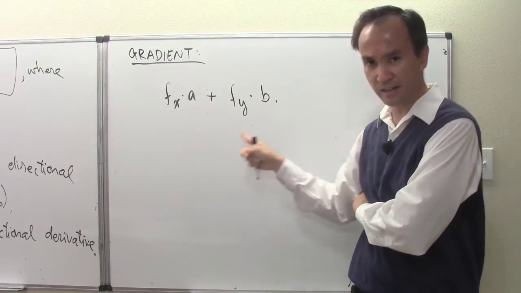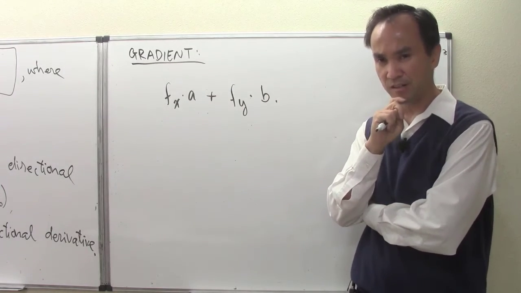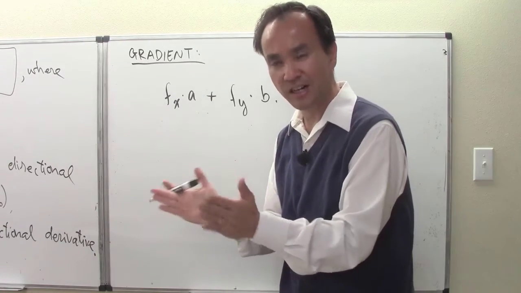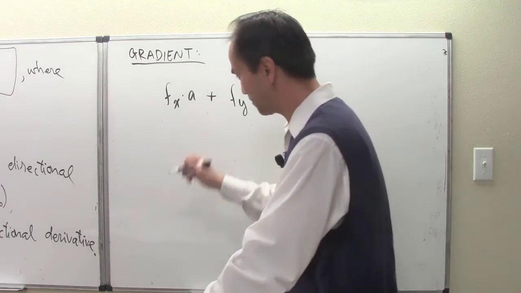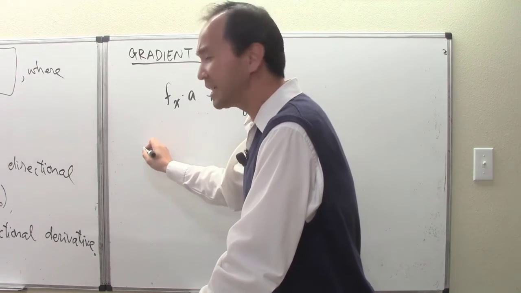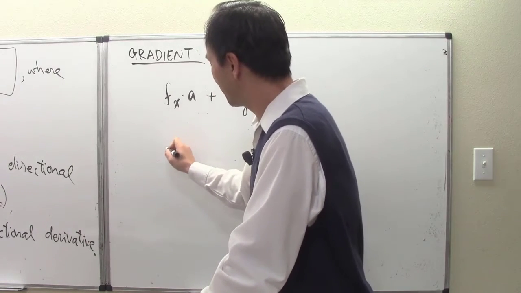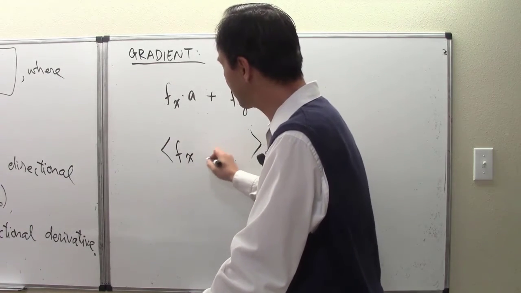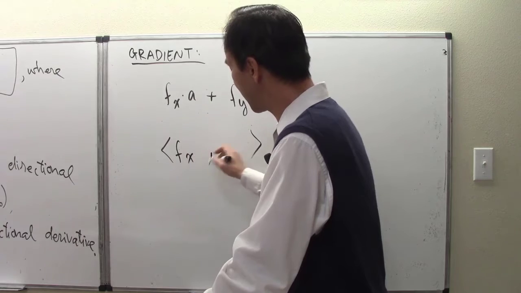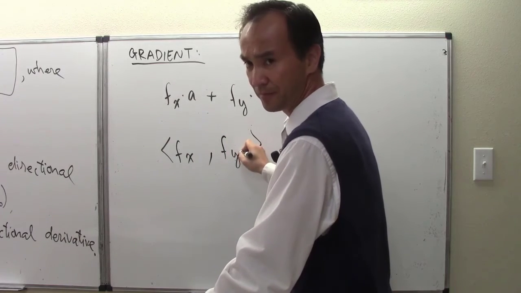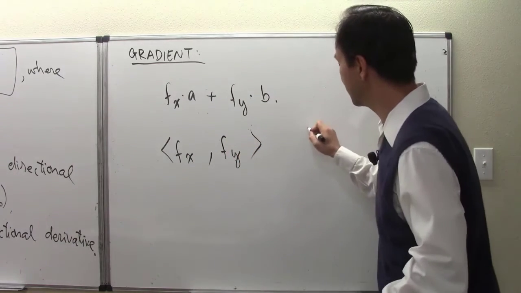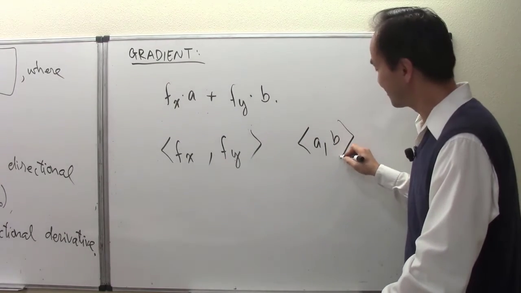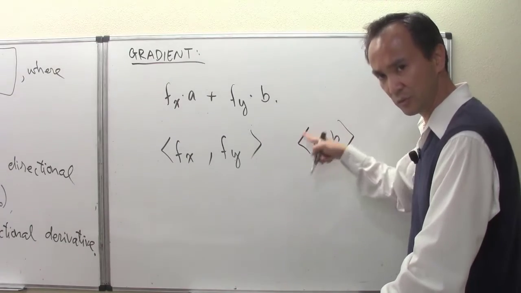Let's look at this expression. From our learning about vectors, let me point out the following. Why don't we purposely isolate out a vector as f sub x, f sub y. And then there's another vector: a, b itself is a vector, which is the vector u.